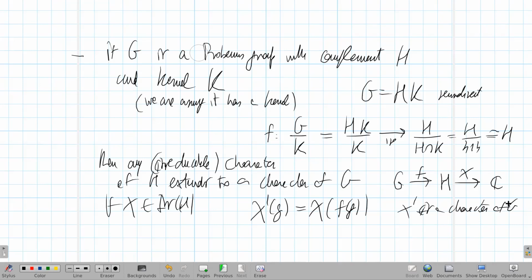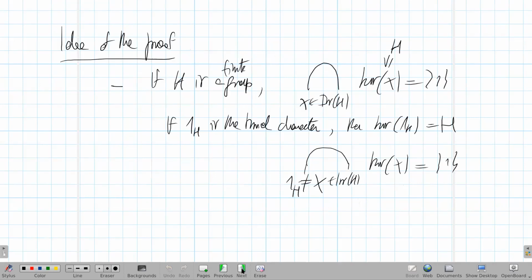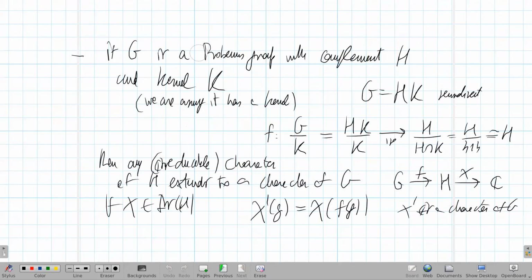And if you put this together with the previous fact, I'll repeat this argument tomorrow, you obtain that this kernel K will be the intersection of the kernels of chi prime, where chi ranges over the irreducible characters of H, different from 1_H.